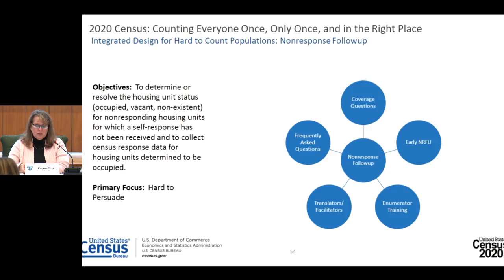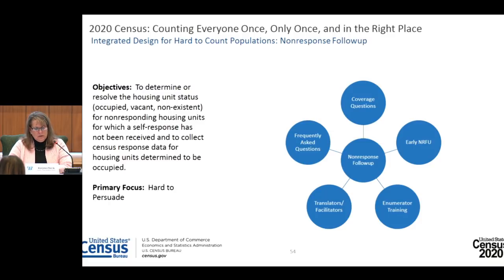In an effort to address students living in geographic areas surrounding colleges and universities, we conduct early non-response follow-up. Early non-response follow-up focuses on colleges and universities, where the spring 2020 semester will conclude prior to mid-May, when non-response follow-up is scheduled to start nationwide.